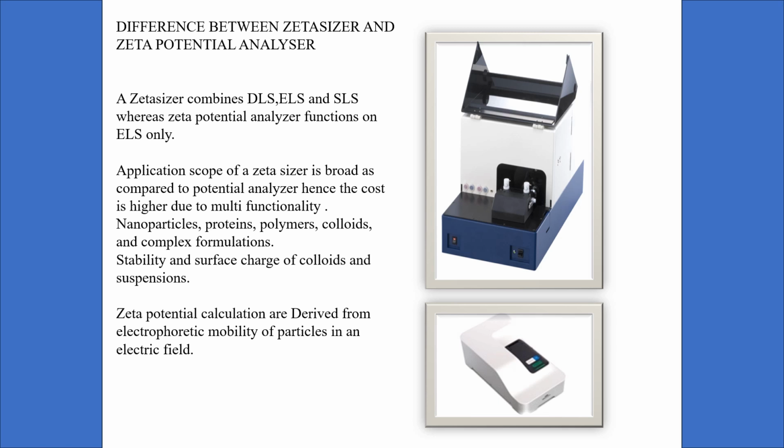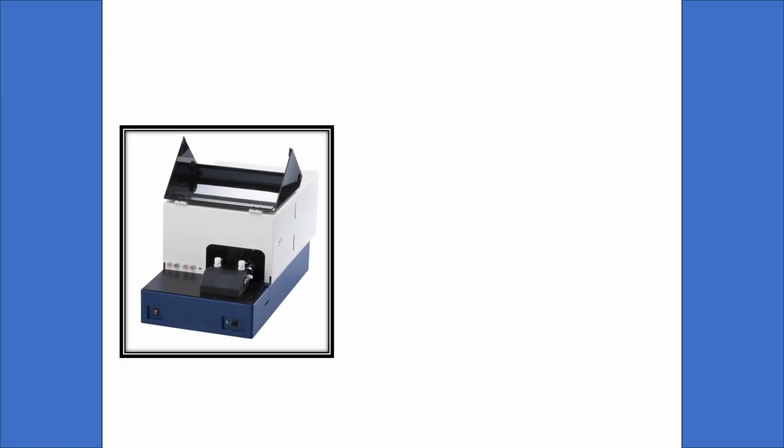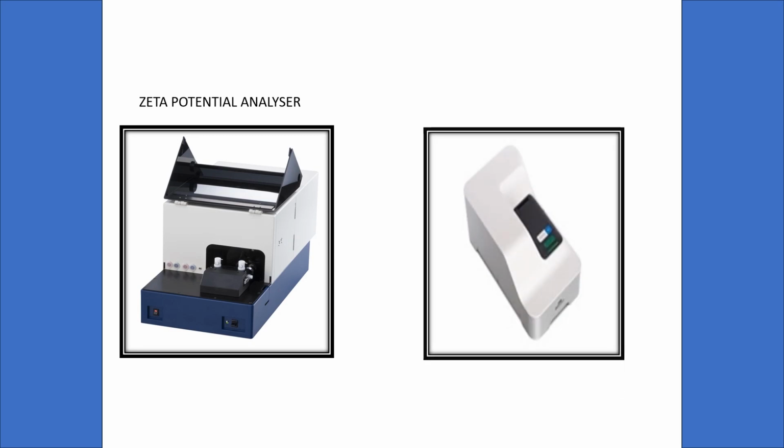Zeta potential calculations are derived from the electrophoretic mobility of particles in an electric field. The following image is of a zeta potential analyzer, and the one on the right side is of a Zetasizer. In India, there are several manufacturers of Zetasizers.